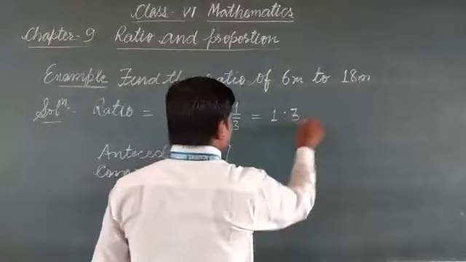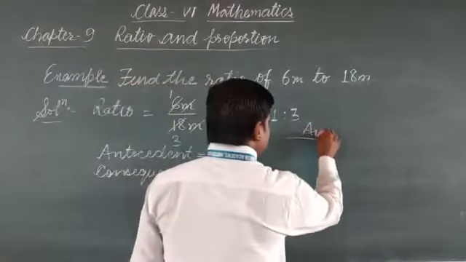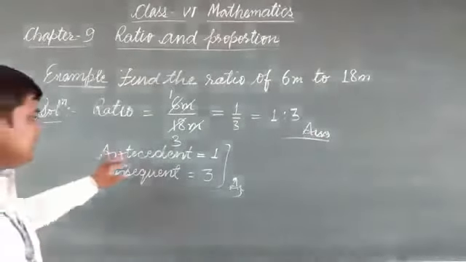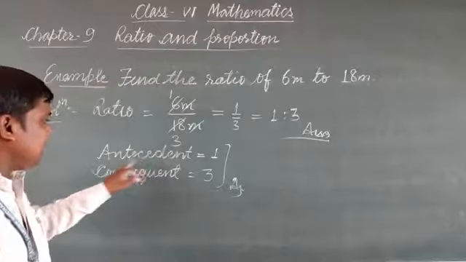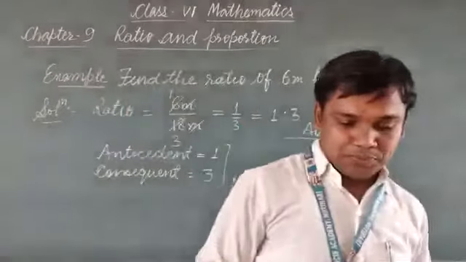This is the answer. If it is given to find the antecedent and consequent, you can write the antecedent and consequent of the ratio.